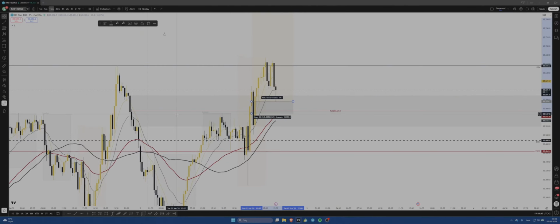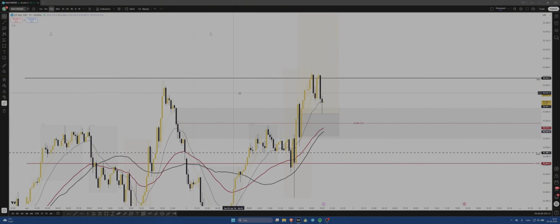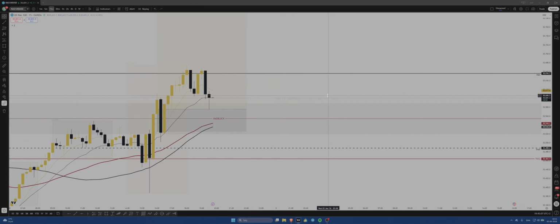The wick is all the way down here. So my stop loss was around 50 pips. I used the 10 pip breakout rule, so 10 pips above this high and 10 pips below this candle low for stop loss and for entry.